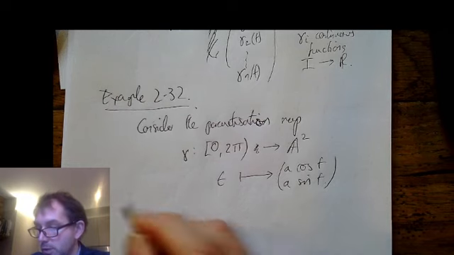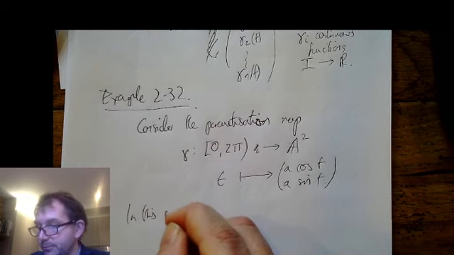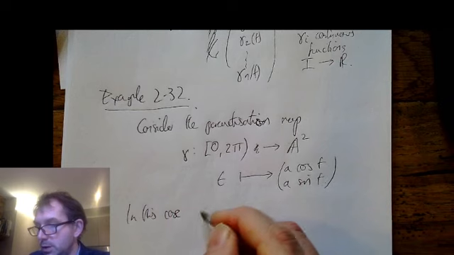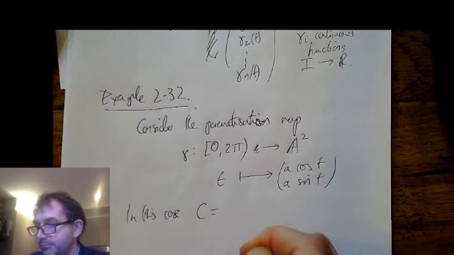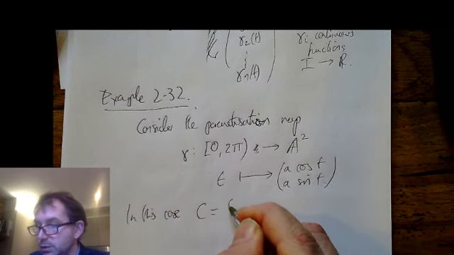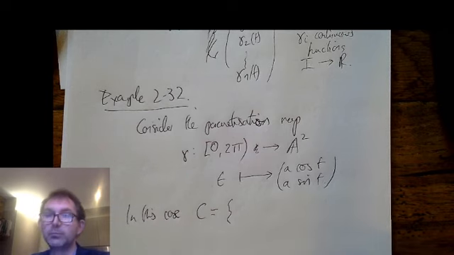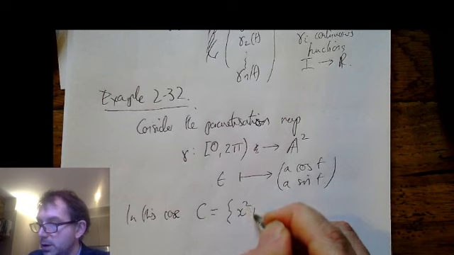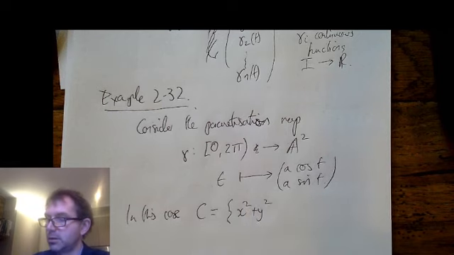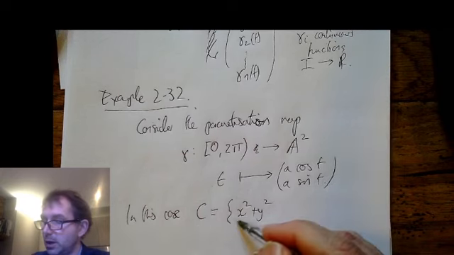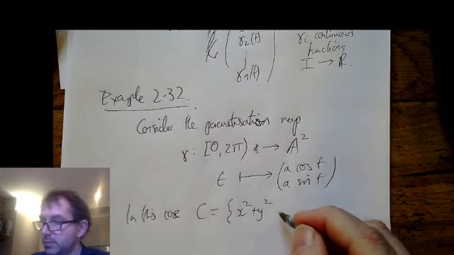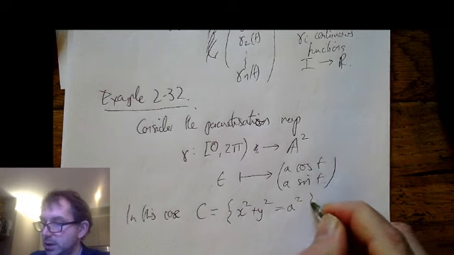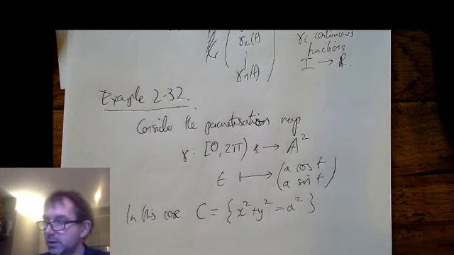In this case, C is equal to the curve that we get here, the set x squared plus y squared equals a squared, which is obviously a subset of R^2.